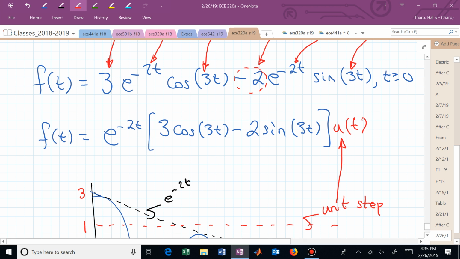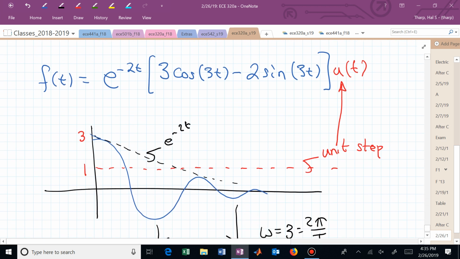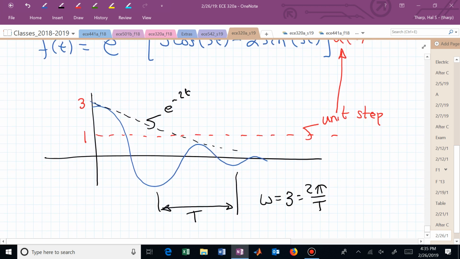But how long do you really have to draw this curve? How big is your time axis? If you were plotting this in MATLAB, how long would you make t? Let's see, infinity, sir. Probably bigger than 2.5, right? Maybe 3 would be your limit on t.